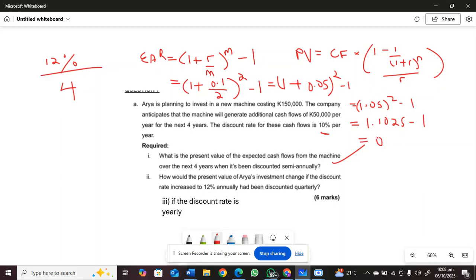We get 0.1025, which is the same as 10.25%. So this is the discount rate for the year after we take into account compounding. This is the discount rate we're going to use in our annuity formula. We've matched the compounding period for the discount rate with the payment period, both 1 year.